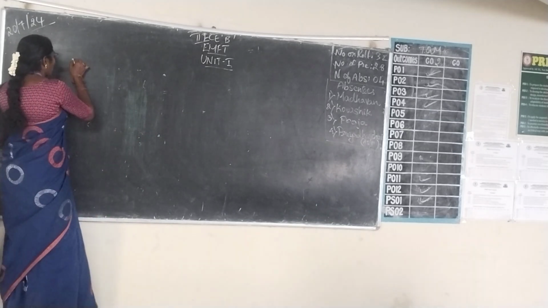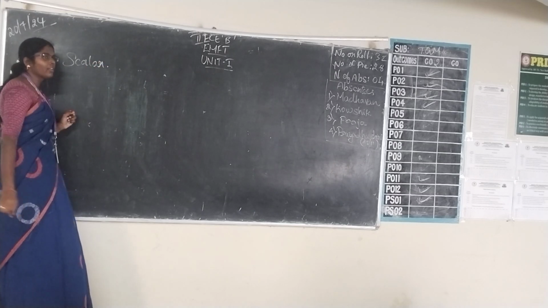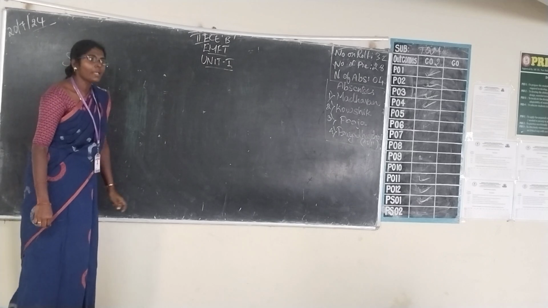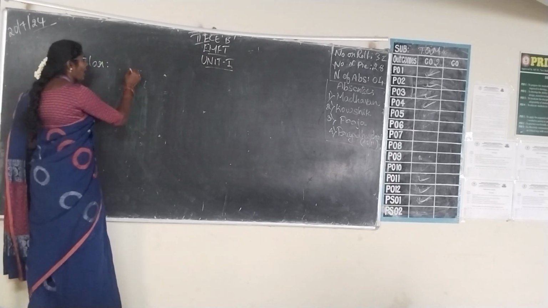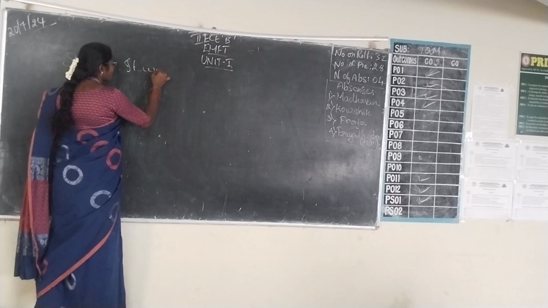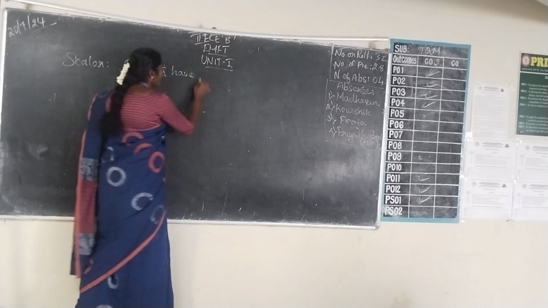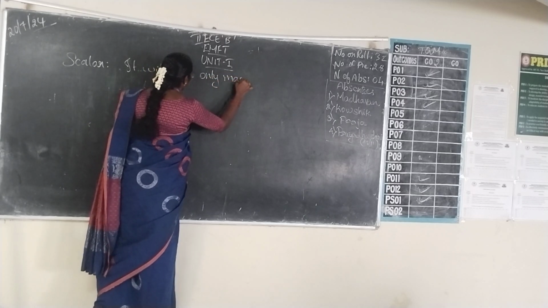Scalar, we all know that. A scalar quantity represents a physical quantity that has only magnitude. If the physical quantity has only magnitude, then the quantity is said to be a scalar quantity.